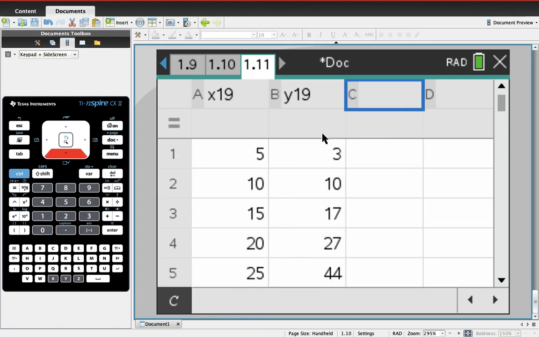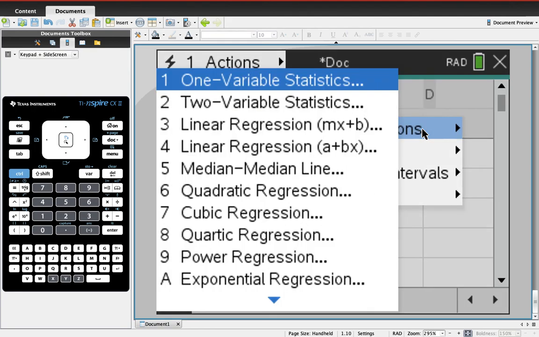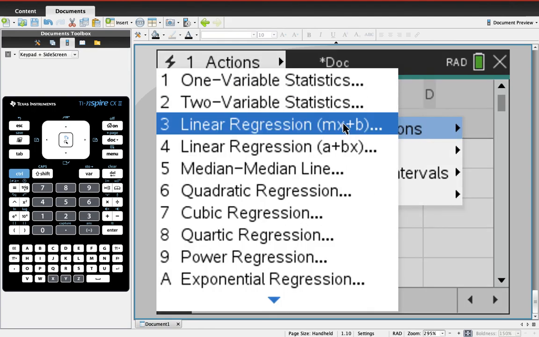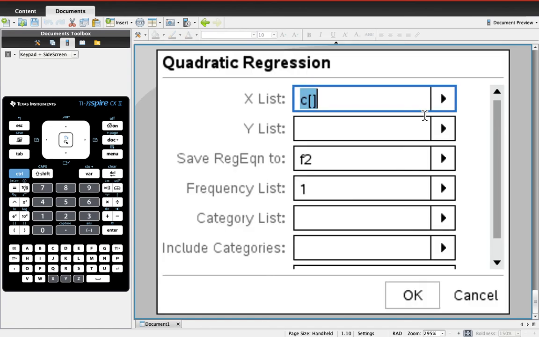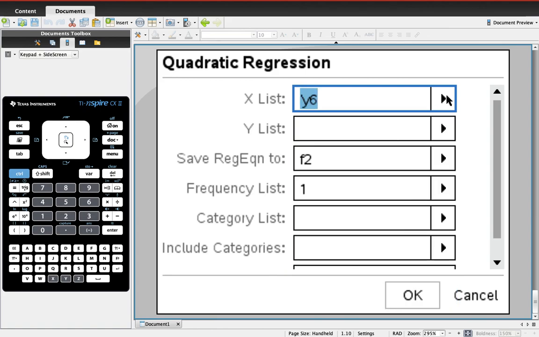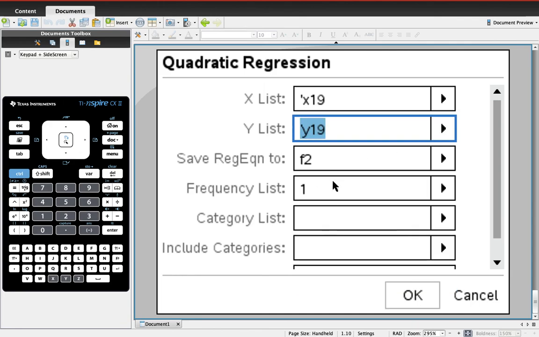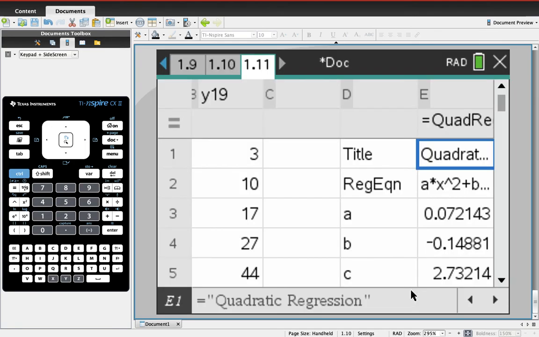So now I'm going to run my regression. I'm going to say menu, statistics, stat calculations, and usually we go here, but instead I'm going to do a quadratic regression. I'm going to tell it my x's are the ones from 19, and my y's are the ones from 19 as well. I'm going to save this as function number 19, just in case I might need that later, which we probably won't. I'm going to click OK.